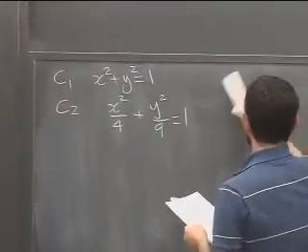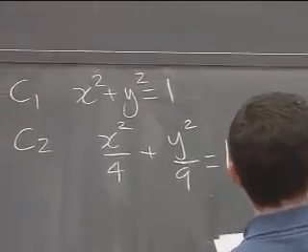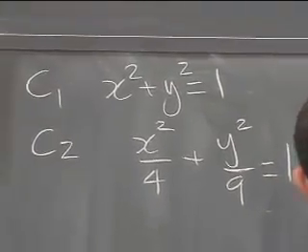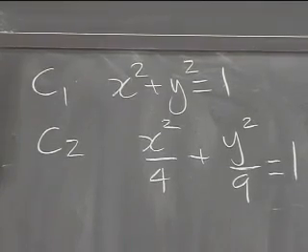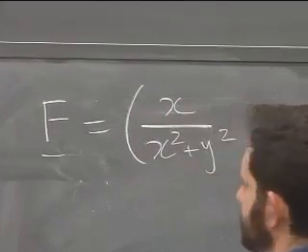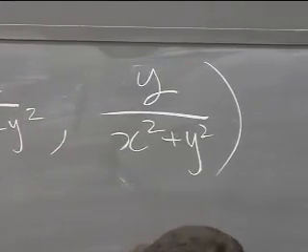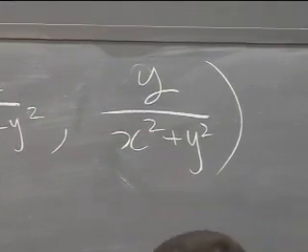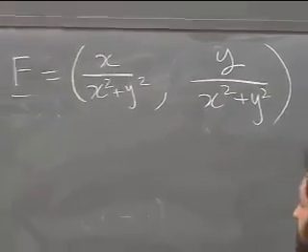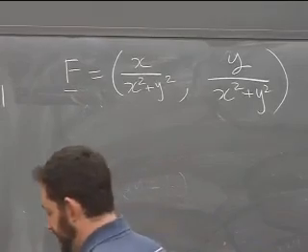And here is a vector field, F, which is x over x squared plus y squared, comma, y over x squared plus y squared. 2 dimensions. Okay, and it says, note that F is not defined at the origin.